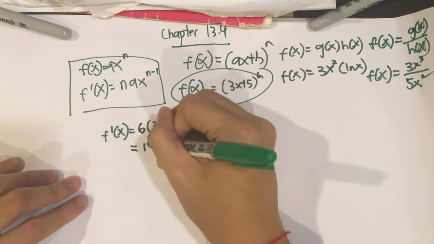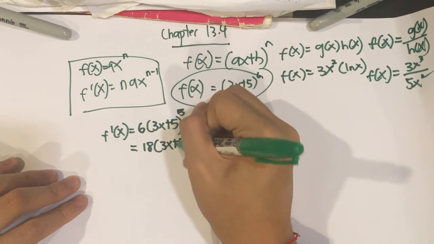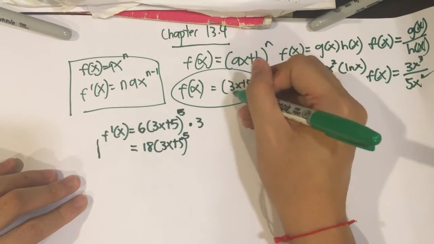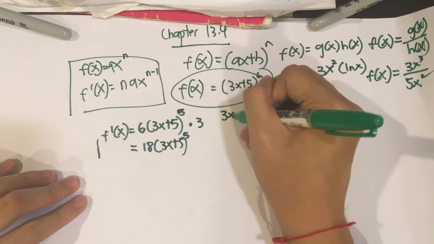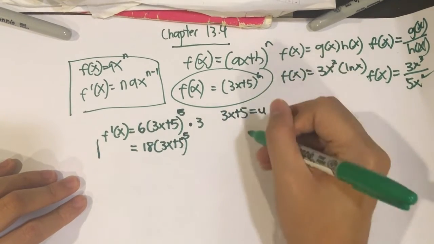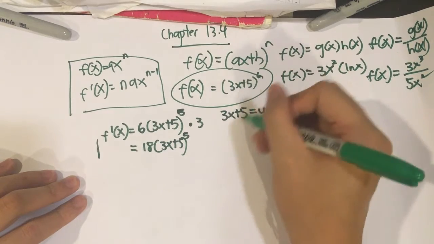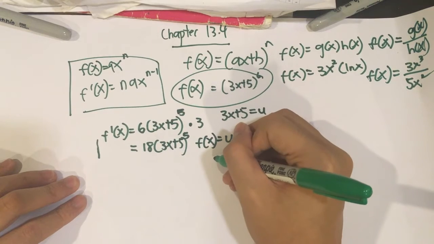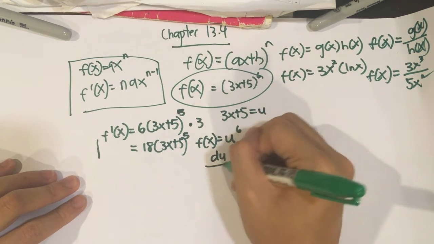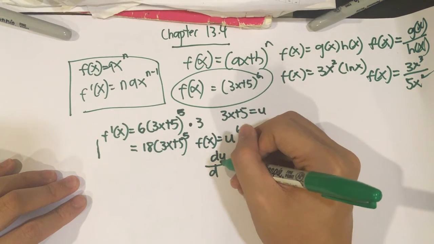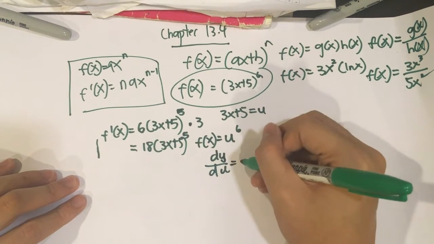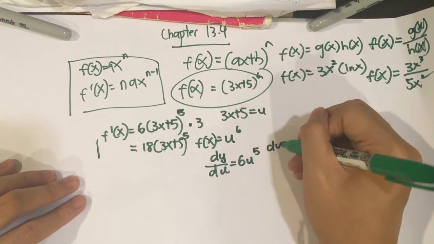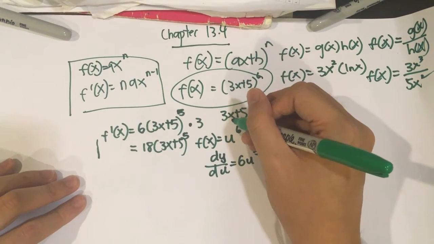The full thought process is that you sub in 3x + 5 as u, so you're left with f(x) equal to u^6, and you want to take the derivative, which gives us 6u^5, and then you take the derivative of the u inside, the derivative of 3x + 5, which equals 3.